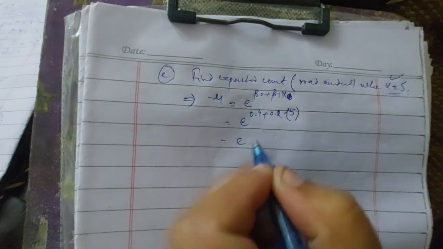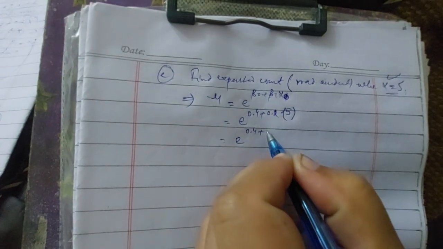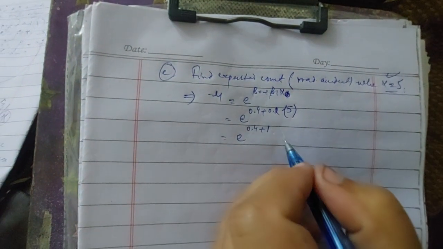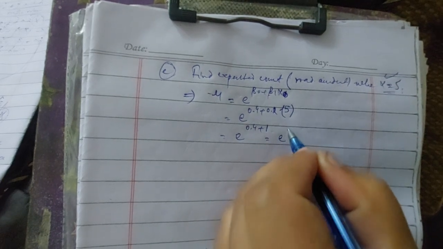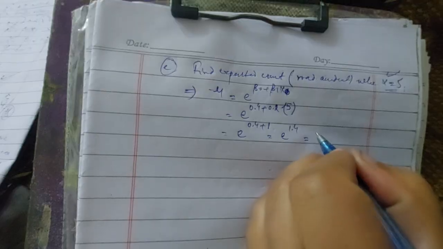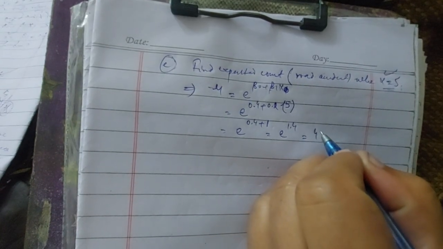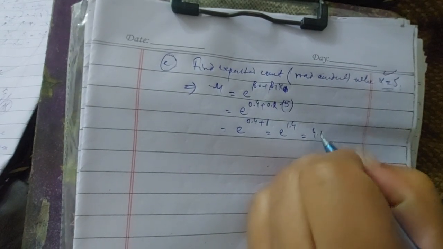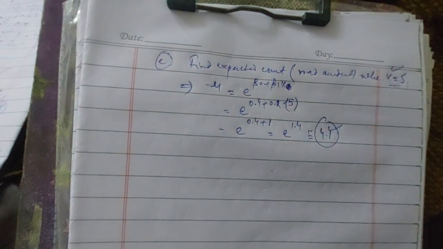So e raised to the power 0.4 plus 1, so e raised to the power 1.4, which will approximately give us 4 or 4.1 maybe.